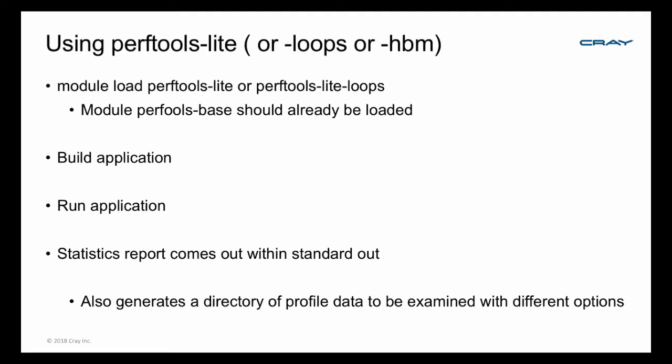Now, the older Perftools Cray tools required you to do a pat_build and a pat_report, and that is not needed when you use Perftools-lite. After the run, not only do you get a report, but you also get a directory of profile data so that you can examine it using different options using pat_report.